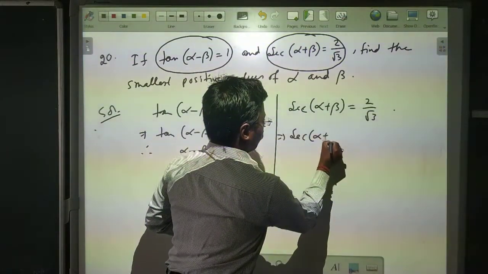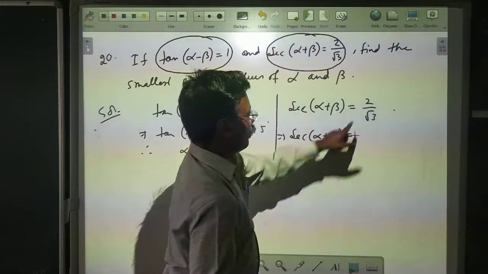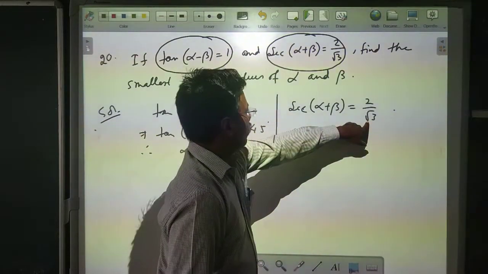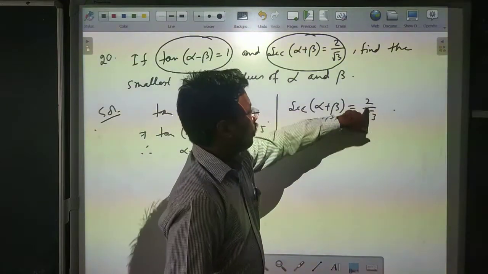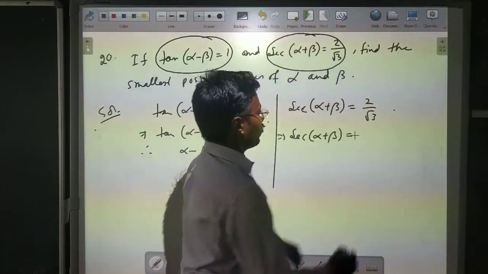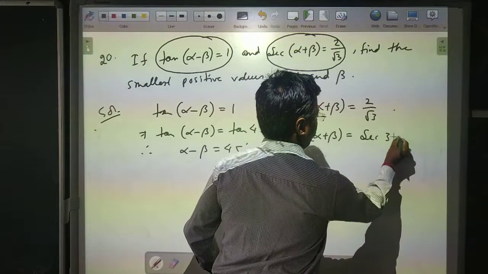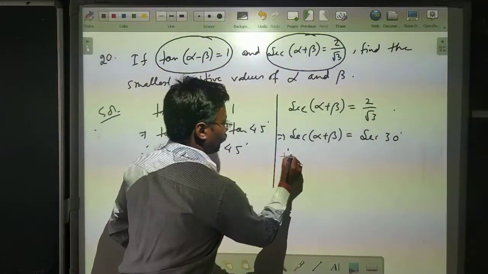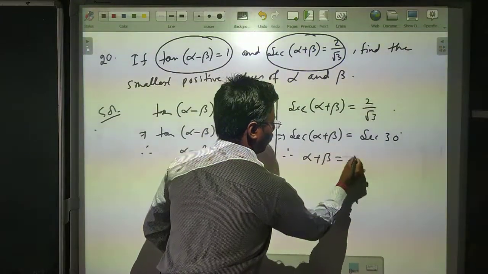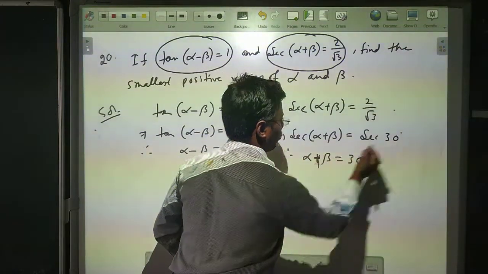Cos 30 degree is root 3 by 2, so sec 30 is 2 by root 3. So therefore alpha plus beta is 30 degree.